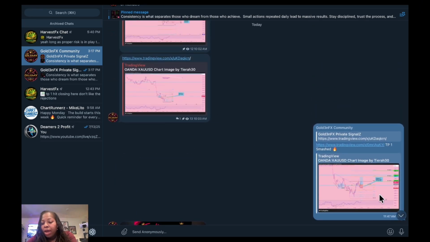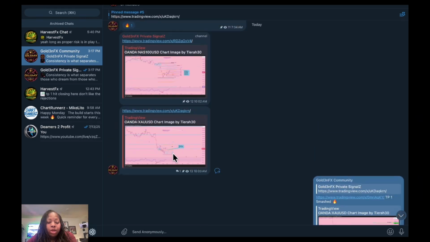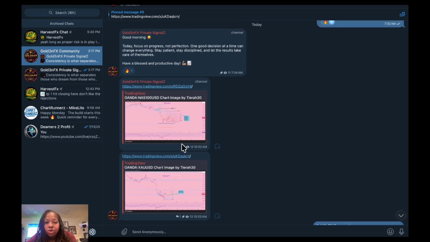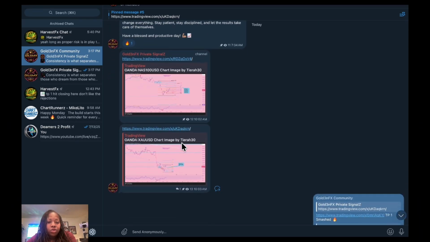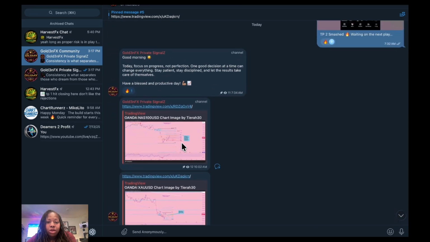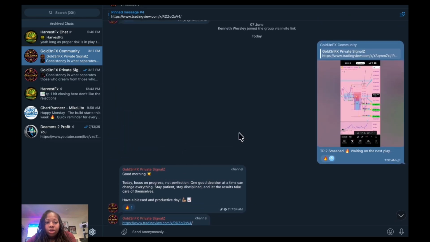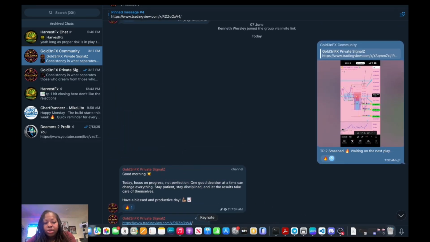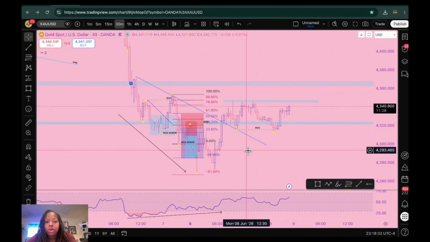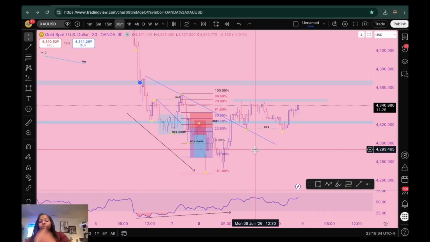But I had it mapped out, letting them know if we broke structure to the upside, wait for a retest and an entry variation to get in for buys, and then if we had the impulse to the downside, wait for a retest and an entry to get in for sells. But man, I might have to change my settings because I want to be able to actually show y'all that I put it in my community.